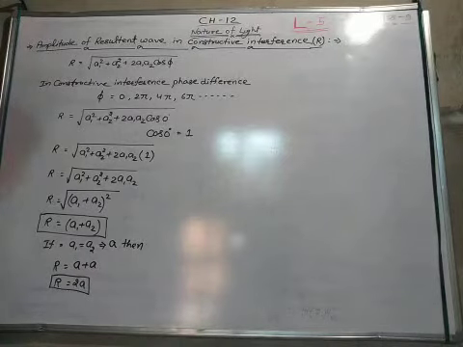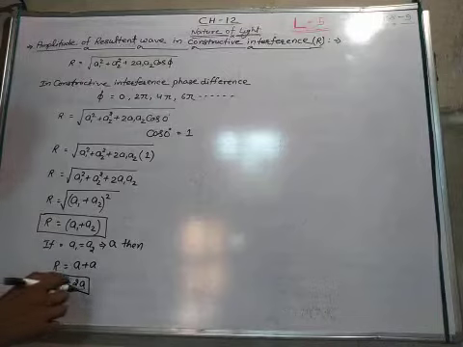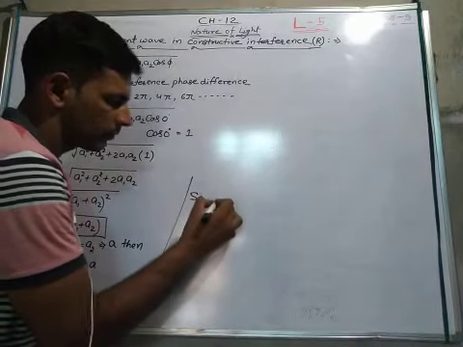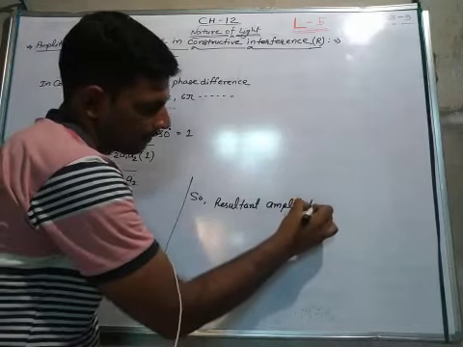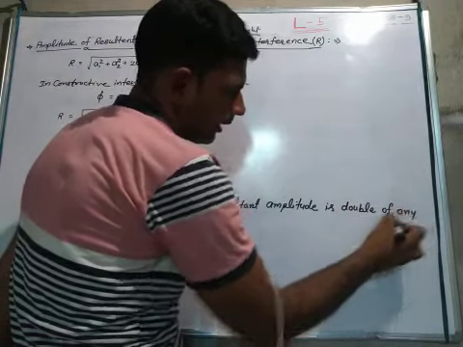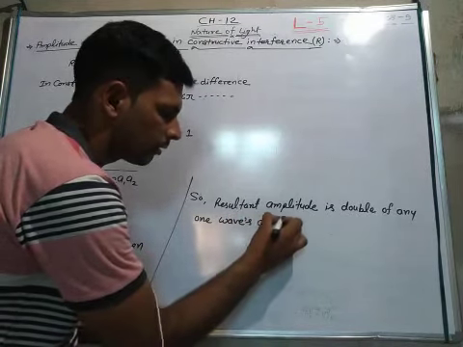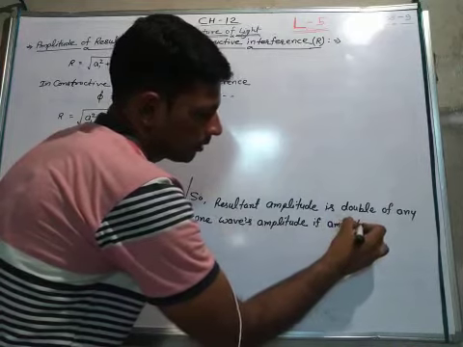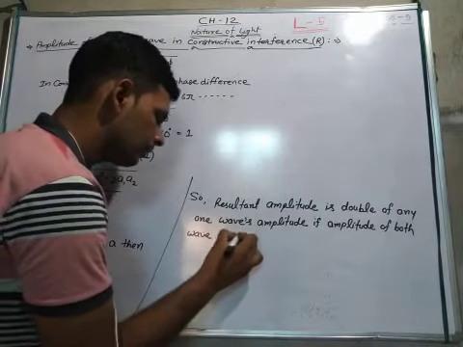Okay, so we can write there that resultant amplitude will be double of any one wave's amplitude, if the amplitude of both waves is the same.